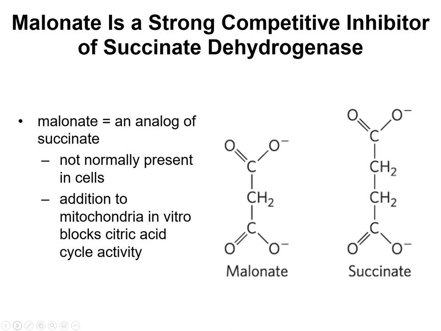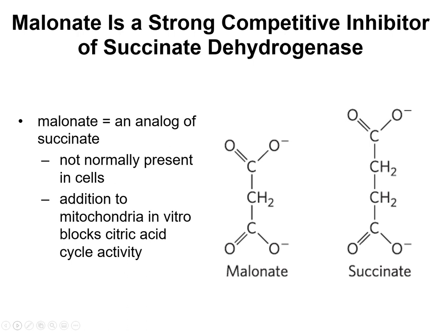We can't talk about the citric acid cycle without talking about inhibitors. So malonate is a really strong competitive inhibitor of succinate dehydrogenase, and it's an analog of succinate. So normally you will not see this in cells.